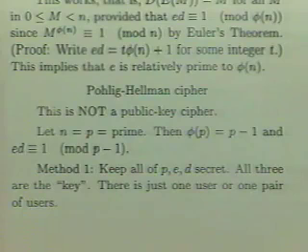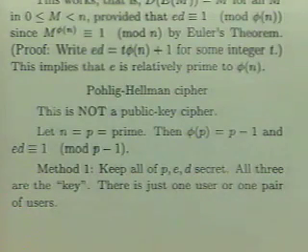Or if two people want to communicate secretly, they have to agree on p, e, and d. Say one of them knows it and writes it down on a piece of paper and tells the other one, and the other one reads the piece of paper and then destroys it and memorizes them.